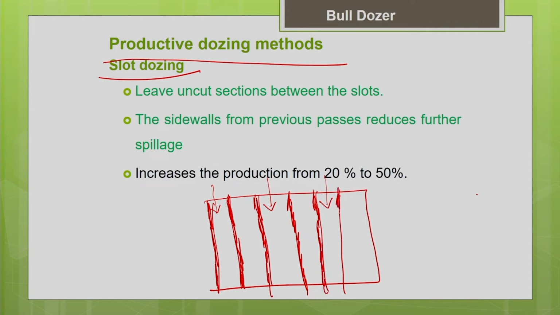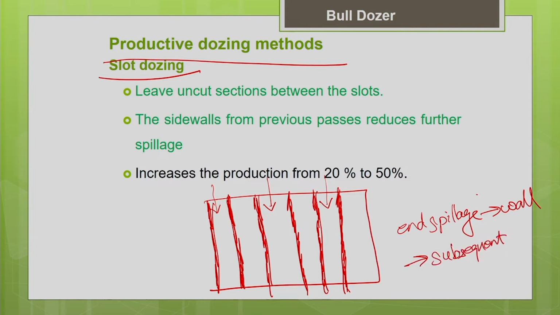So, here also the end spillage is there. Now this end spillage will act like a wall for the subsequent passes. After this, you allow the bulldozer to go through the gap between the two cuts.